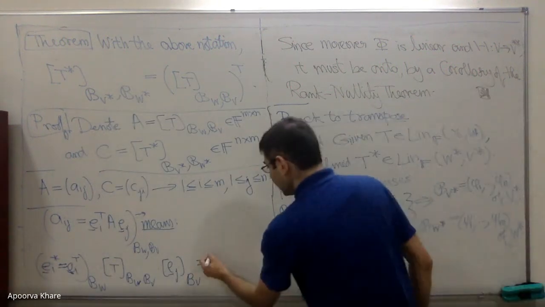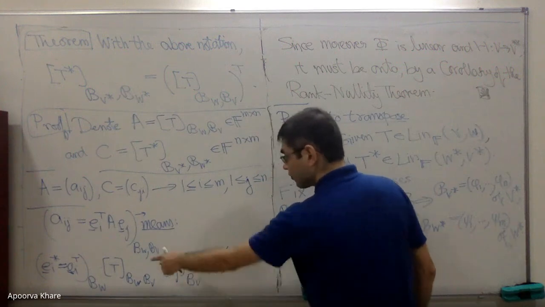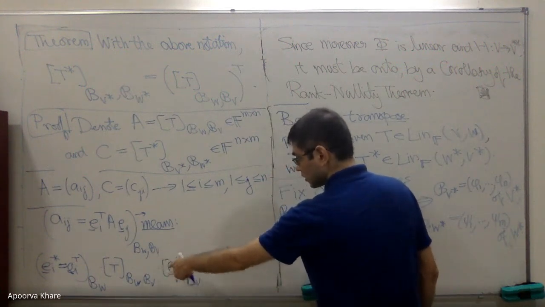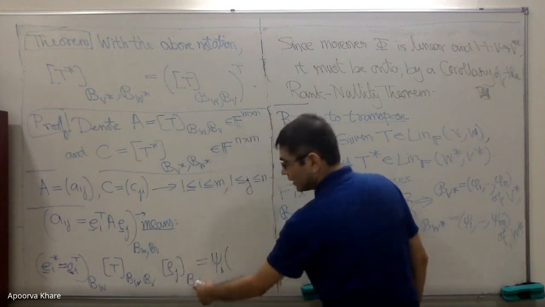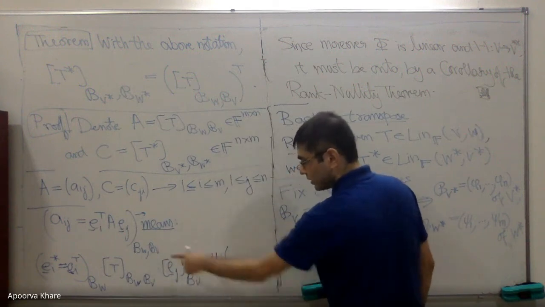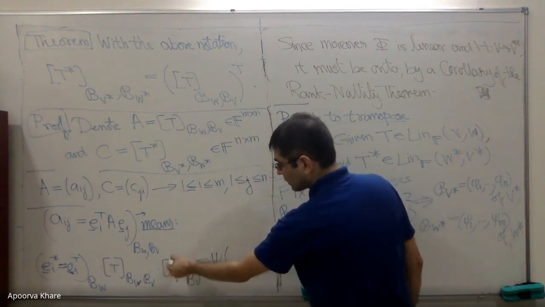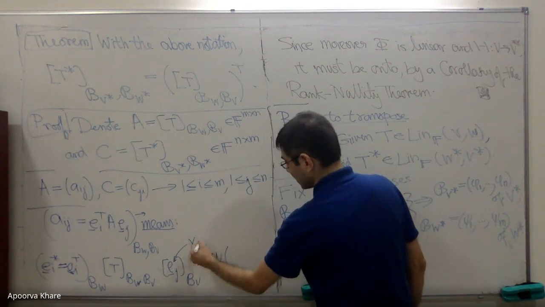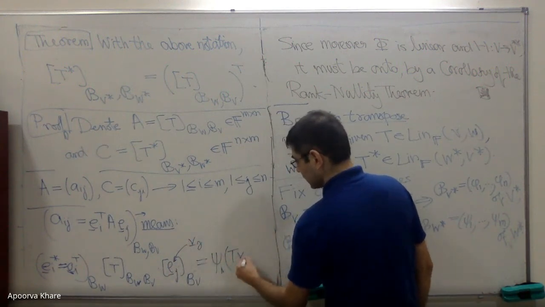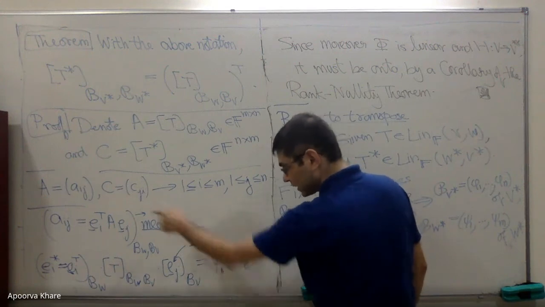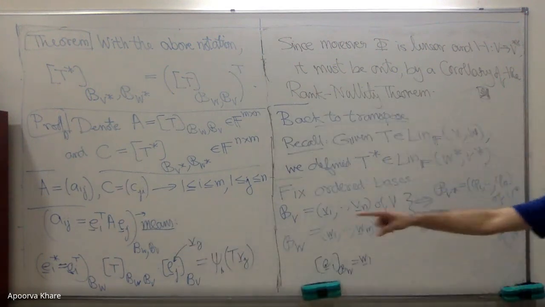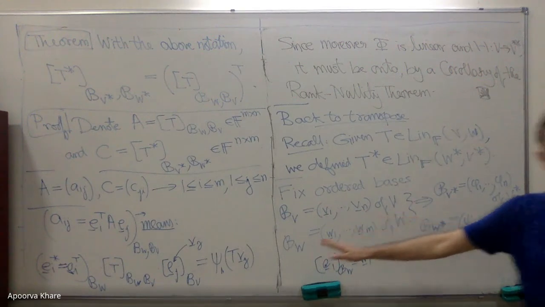So this is psi i of, okay, now what is T BW times T VJ? It is exactly T of Ej, T of whatever this vector is. But what is this vector? It is again Vj. So it is T of Vj. You get a scalar here. This scalar is by definition that thing. Okay, great. This is what this is.